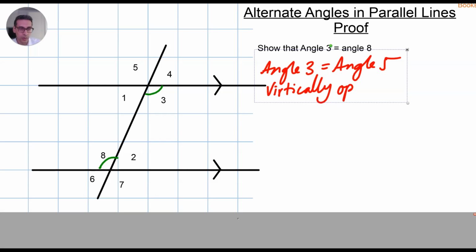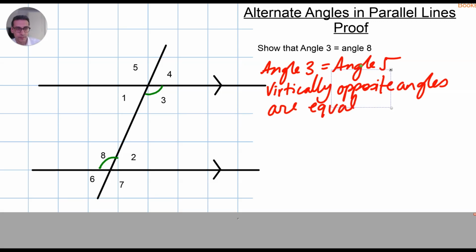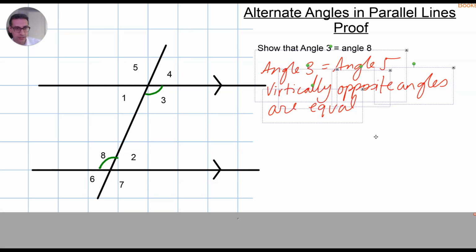So vertically opposite angles are equal, and that I don't need to prove itself, it's just stated as a fact there. So we can say angle 5 is equal to angle 3.